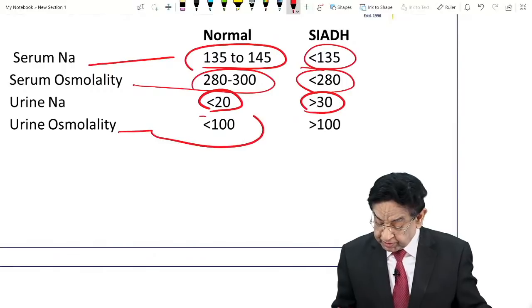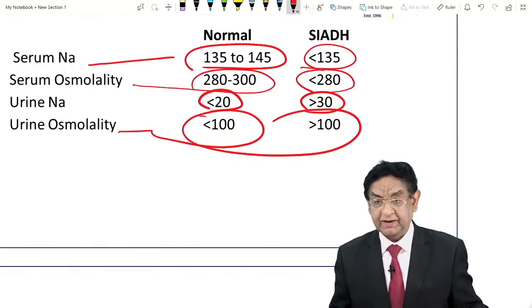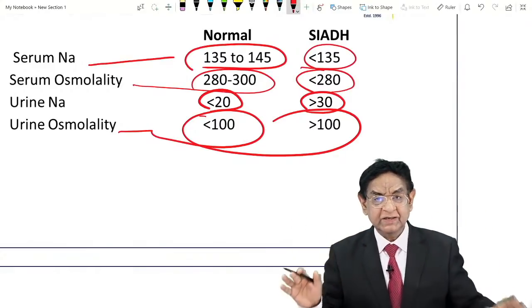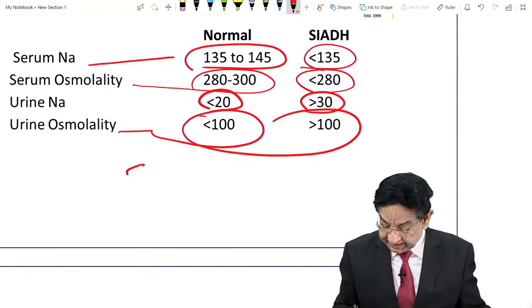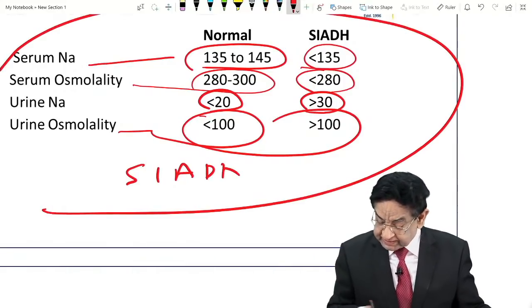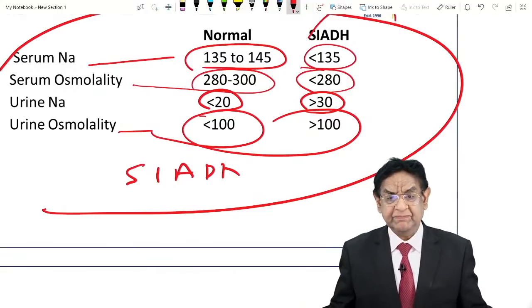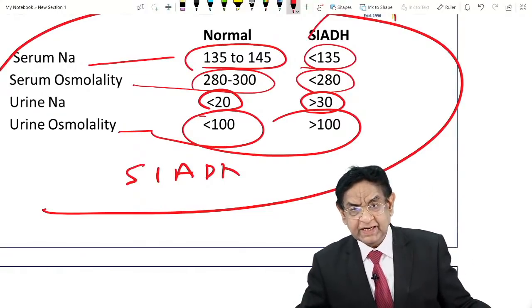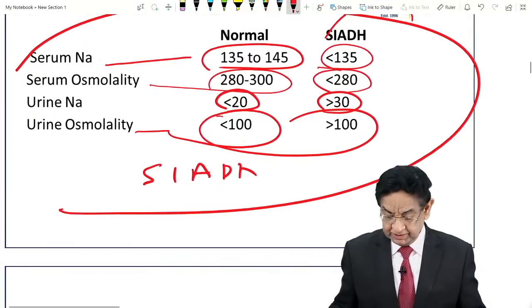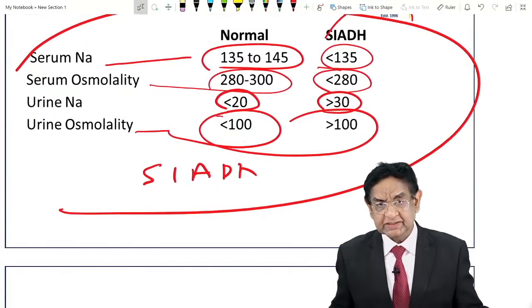Normal urine osmolality less than 100, here it is more than 100. That's all. This is the end result of SIADH. Dear friends, if you know this, very simple, you can answer any question on SIADH. Okay? So I hope by now you have written the slide also.